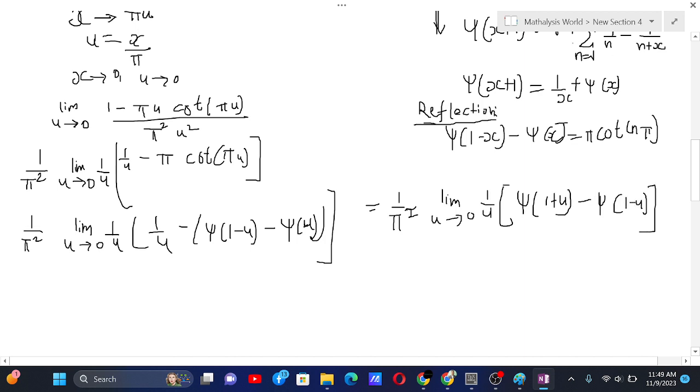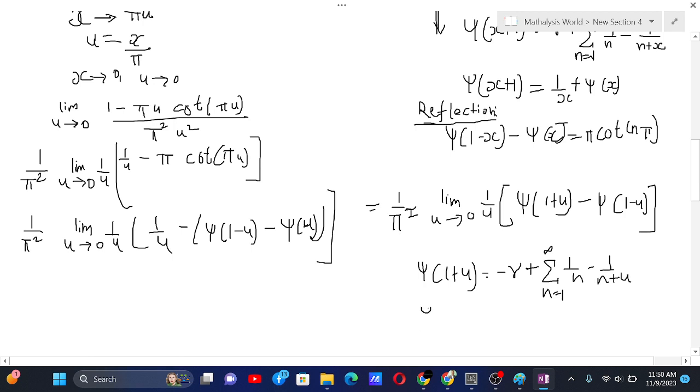Now we'll use this formula over here as well. So that formula gives us digamma of 1 plus u as negative of Euler Mascheroni constant plus summation from n equals 1 to infinity 1 by n minus 1 by n plus u.